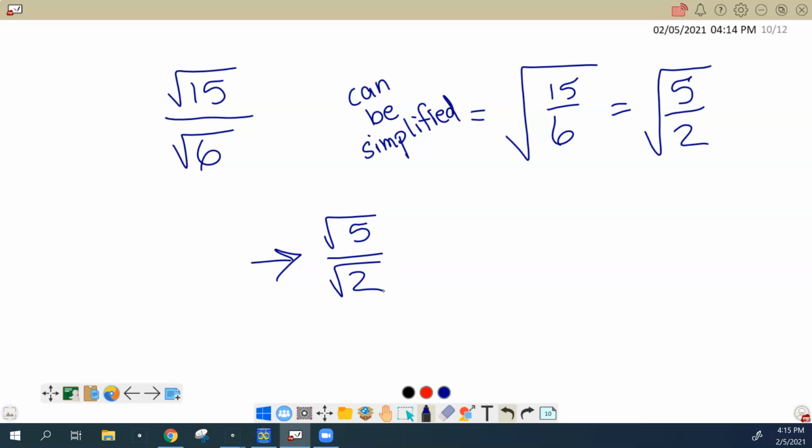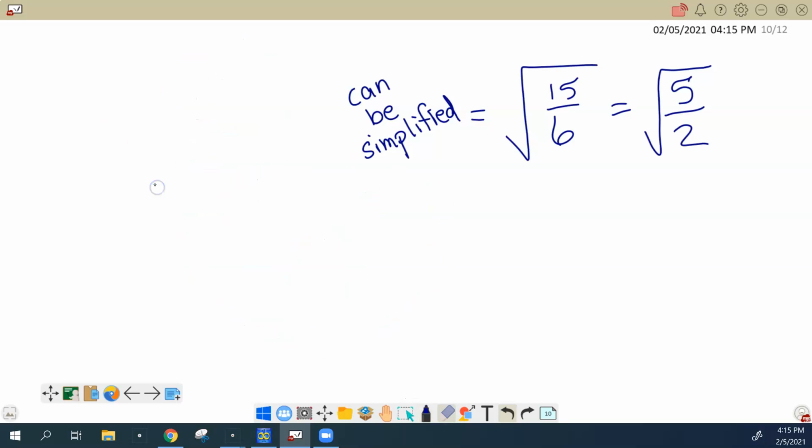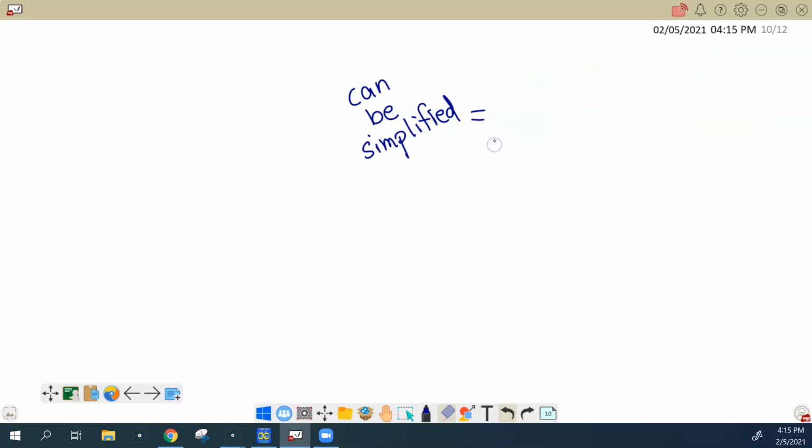Let's do one more. When you have fractions that don't need to be simplified, then you don't have to go through the step where you rewrite as one big fraction.